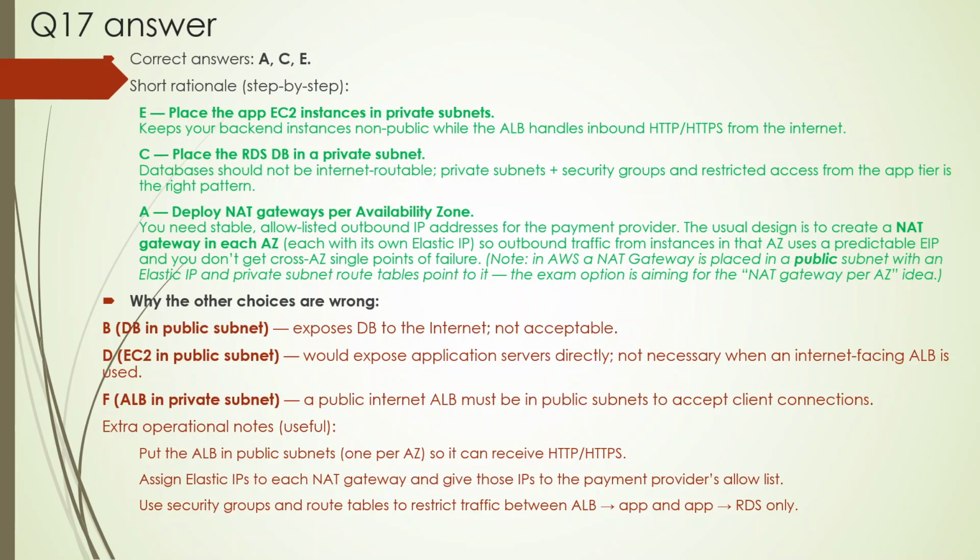And the exam option is aiming for the NAT gateway per AZ, or availability zone, idea. So, B and D are wrong because you're exposing your database and EC2 to the internet, which is not acceptable. An ALB in a private subnet will not communicate to your payment system.